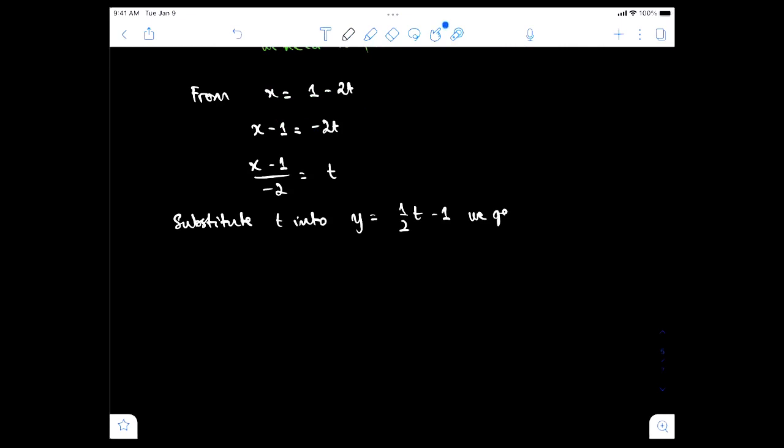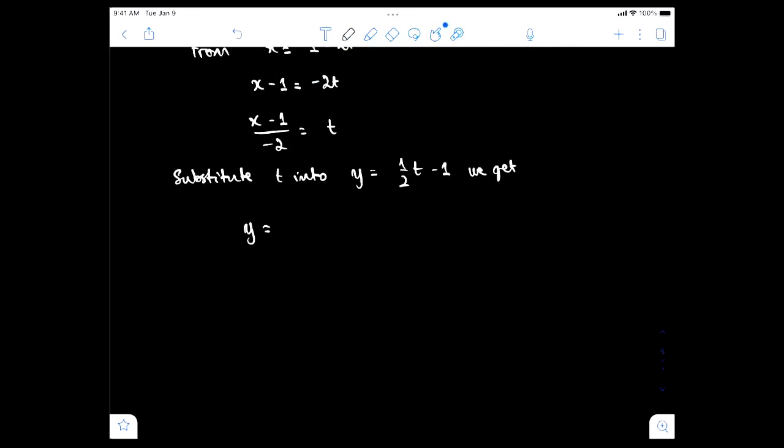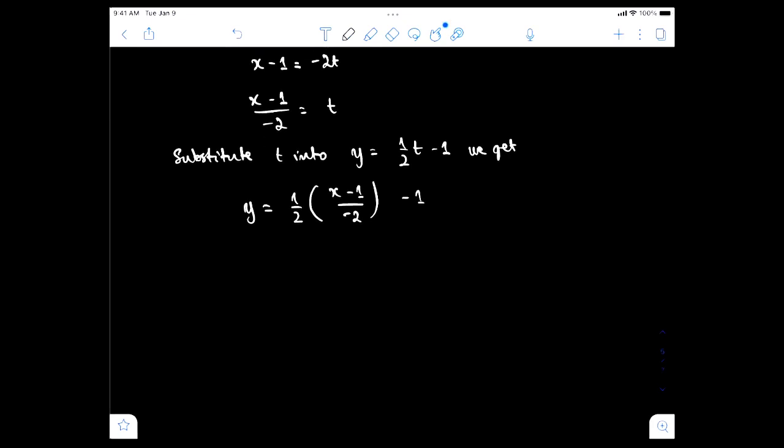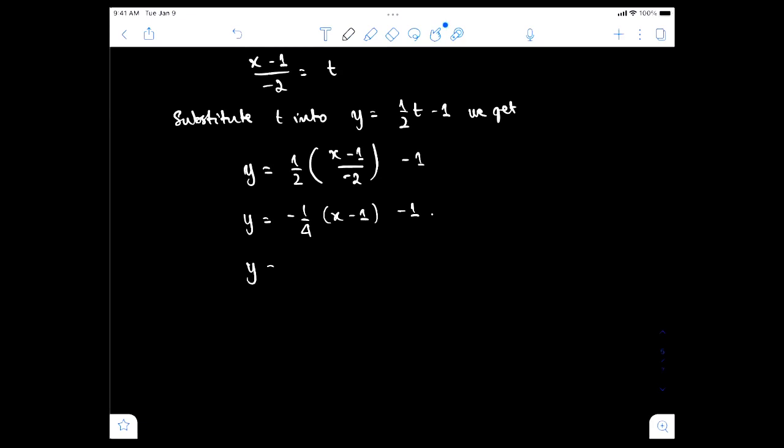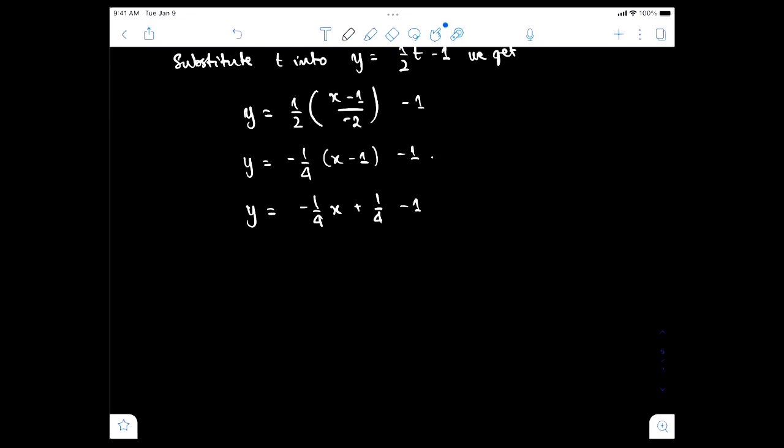We get y equal to 1/2 times x minus 1 over -2 minus 1, or y is equal to -1/4 times x minus 1 minus 1. You can certainly simplify this further if you like. You don't have to, but if you like, you can. This gives you y equal to -1/4 x minus 3/4.